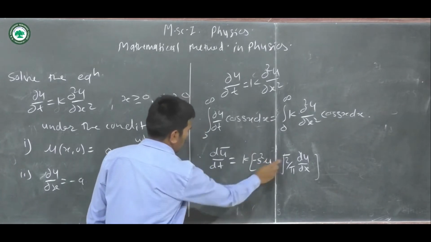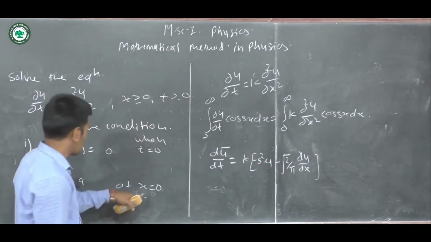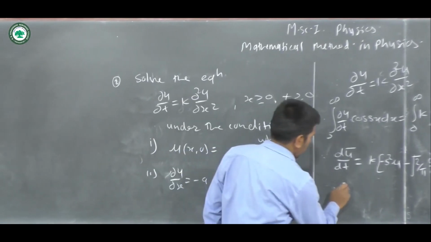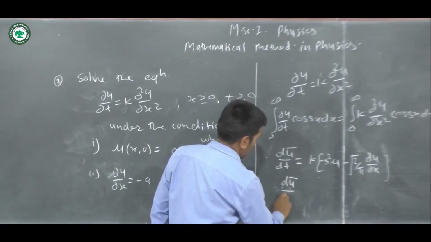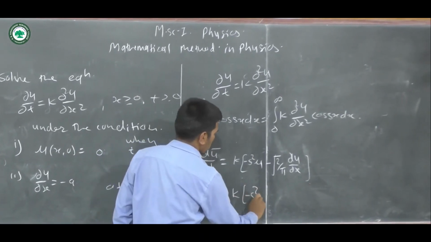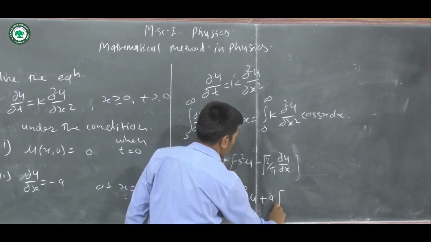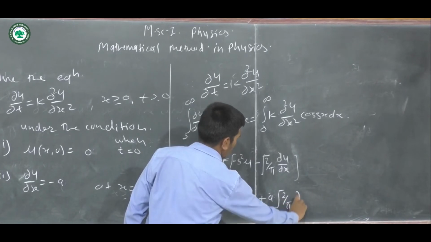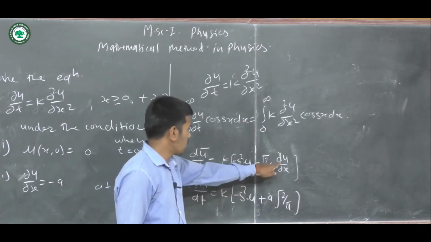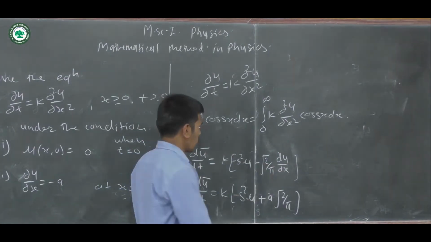Okay, this du by dx is given at x is equal to 0, that is minus a, so we can replace it: du bar by dt is equal to k times minus s square u bar plus a times root 2 over pi. Okay, so we now have the expression. We replace du by dx with minus a at x is equal to 0.